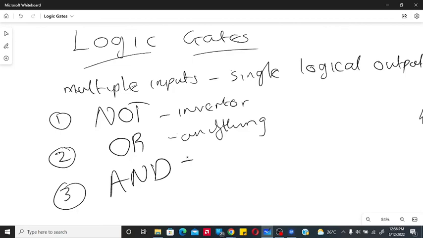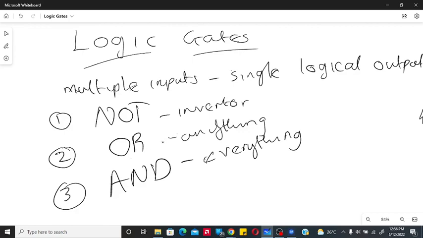And the AND gate is some sort of choosy, but it says, hey, for me to work, you have to give me everything. So for the AND gate to work, you have to give it everything. For the OR gate, you just have to give it some sort of electrical input and it's on. For the NOT gate, you don't even have to give it any electrical input and it's on.